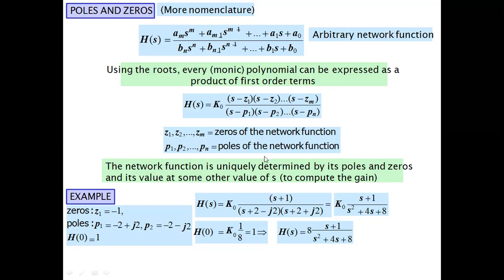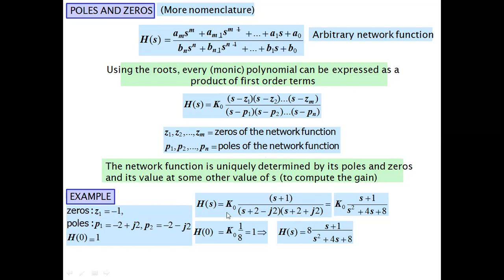So here we say the network function can be uniquely determined by its poles and zeros. If we have any equation and solve it to derive the roots of the numerator and denominator, we call the numerator roots the zeros.